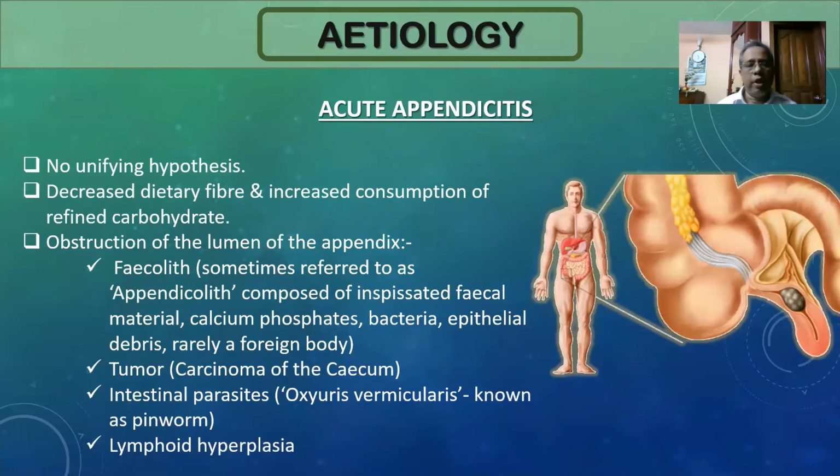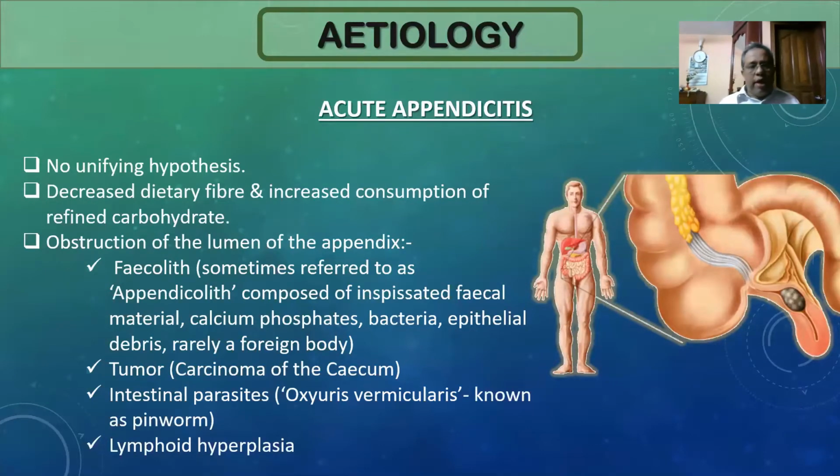Rule out malignancy first, then go for surgery immediately. If there is no malignancy, the treatment is immediate appendicectomy. If the patient has a malignancy, you must treat the malignancy simultaneously, otherwise the patient is not cured of the disease.